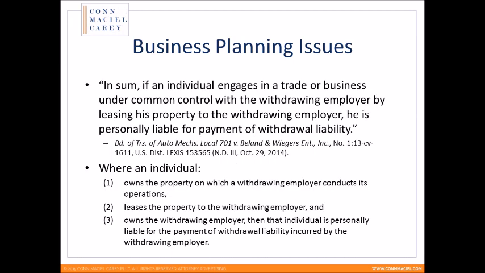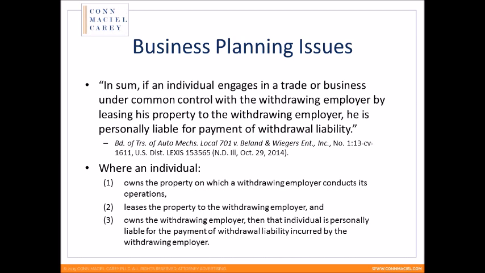Here's another quote from a case that's illustrative of the broadness of this principle. This is from the Beeland and Uyghurs Enterprises Incorporated case, as it says here on the slide. In sum, if an individual engages in a trade or business under common control with the withdrawing employer by leasing his property to the withdrawing employer, he is personally liable for payment of withdrawal liability.